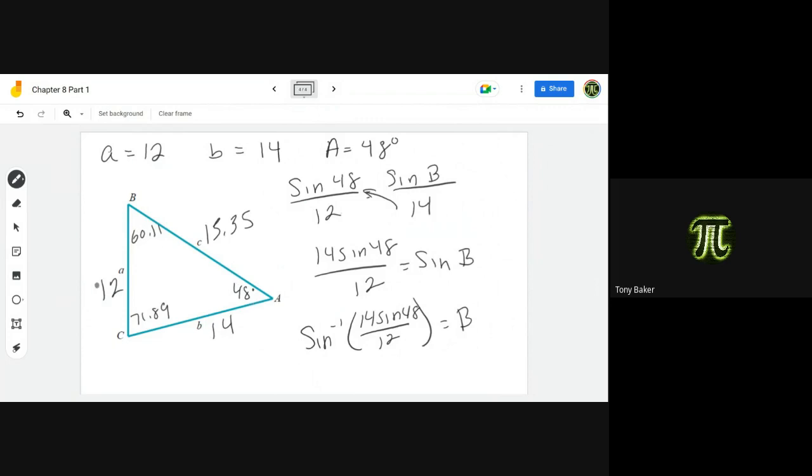Smallest angle, smallest side. So, yeah, that works. All right. Get to another one. This is going to give me the thing I want. Perfect.